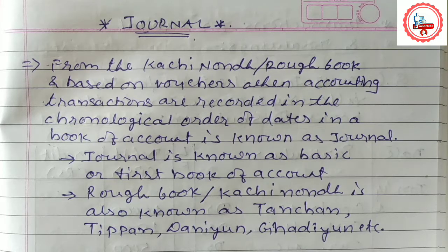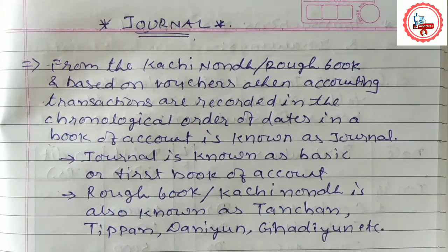According to these principles, a minimum of two accounts are associated with each accounting transaction, as we know very well. By applying the debit credit rules, we identify which particular account will be debited and which will be credited.